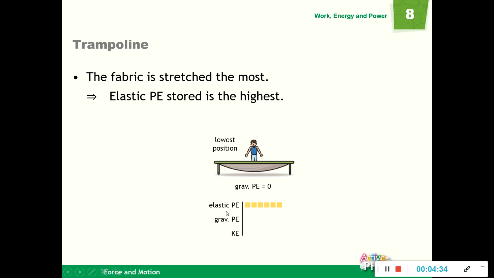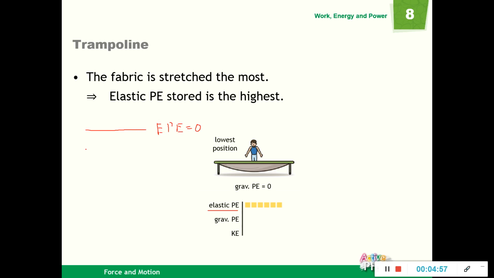In this case, we have 3 different types of energy. We have the elastic potential energy. First of all, you should know what the elastic potential energy is. The initial case will be the natural length of the string. In this case, EPE will be 0.